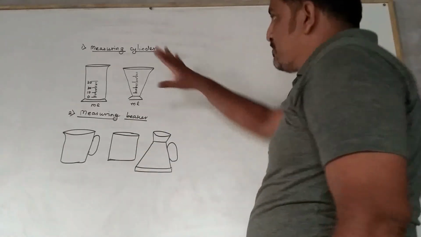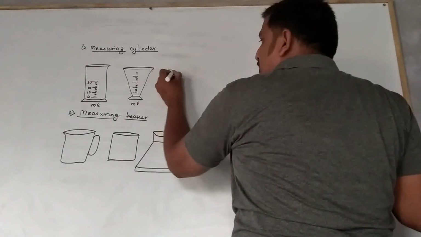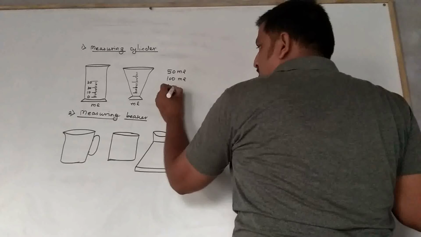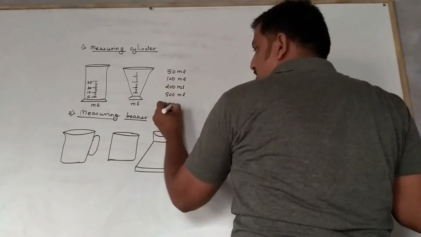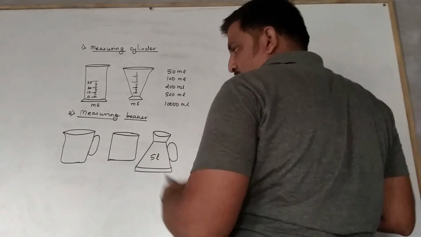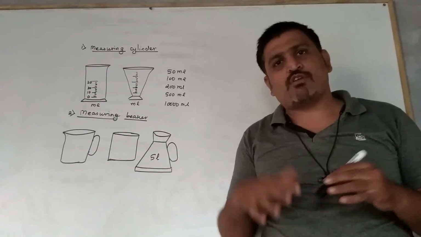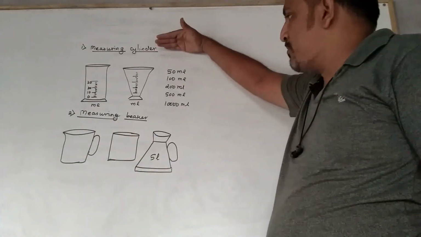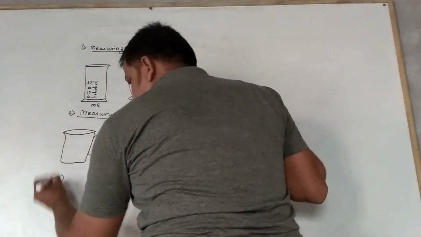Now these measuring cylinders as well as measuring beakers are available in different volumes, say 50 ml, 100 ml, 200 ml, then 500 ml, 1000 ml, and up to 5 litre directly. 5 लीटर के कैन होते हैं, 1 लीटर का, 2 लीटर का, डायरेक्टली 5 लीटर का कैन अवेलेबल है. So this is about the measuring cylinder, this is about the measuring beaker, and one more is there, that is Eureka can.